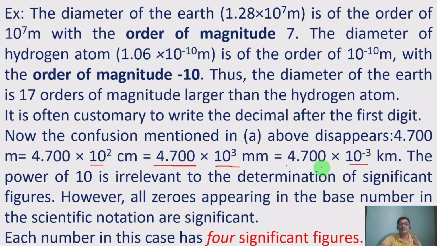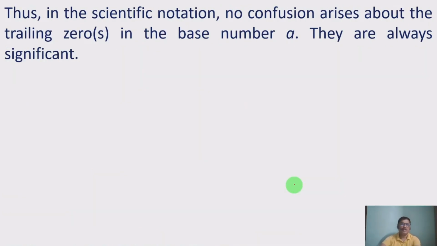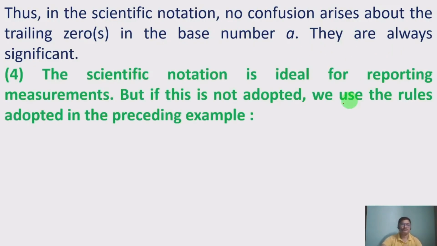By expressing in terms of scientific notation, we can eliminate any ambiguities about the trailing zeros. Thus, in scientific notation, no confusion arises about the trailing zeros in the base number A. They are always significant. Then the fourth observation: scientific notation is ideal for reporting measurements.